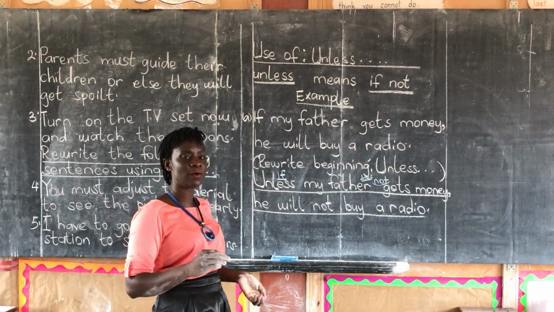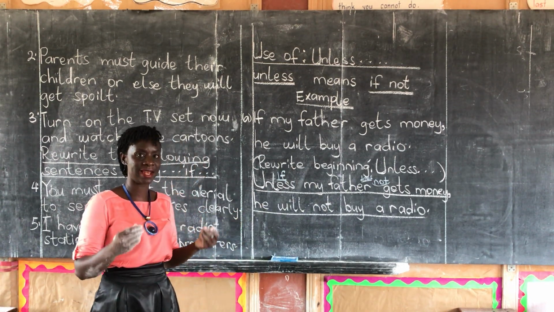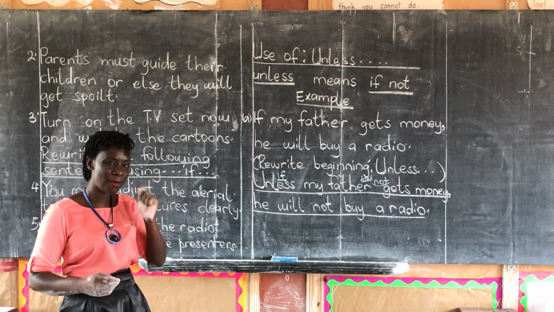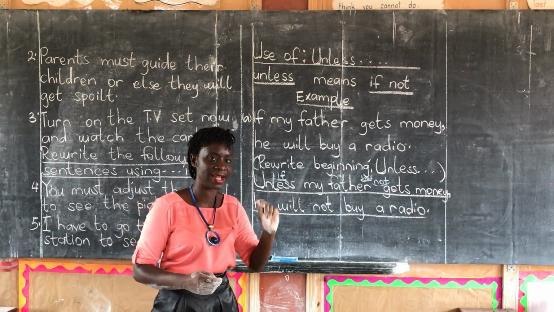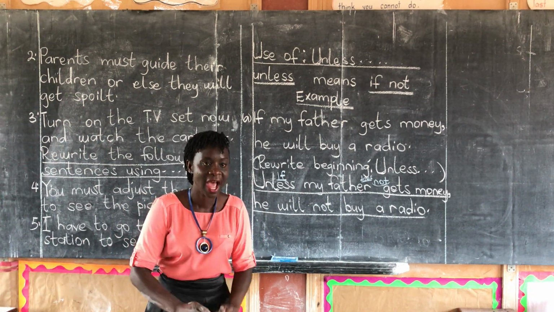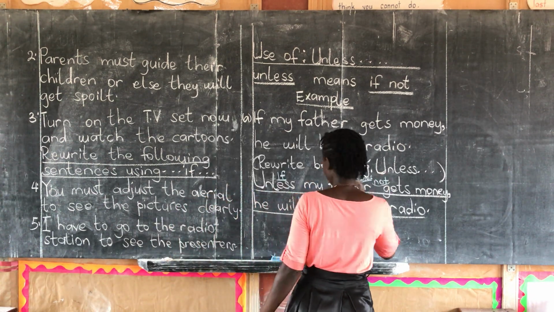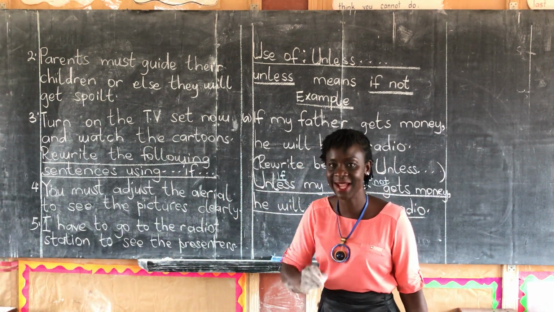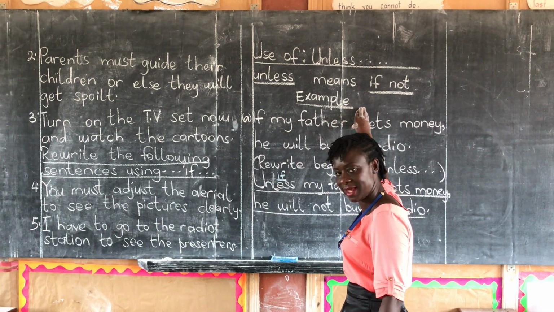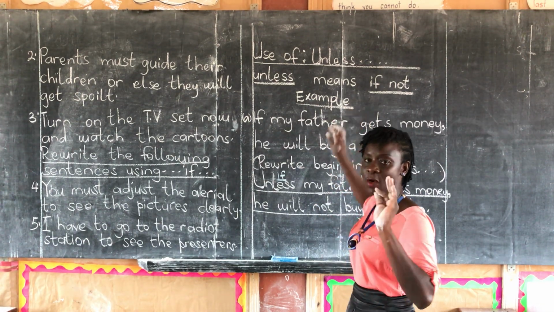Many of us get confused when we use unless. But the moment you understand that unless means if not, and you get to know where to fit this if and the not to bring out the exact meaning in the question, then your answer is correct.